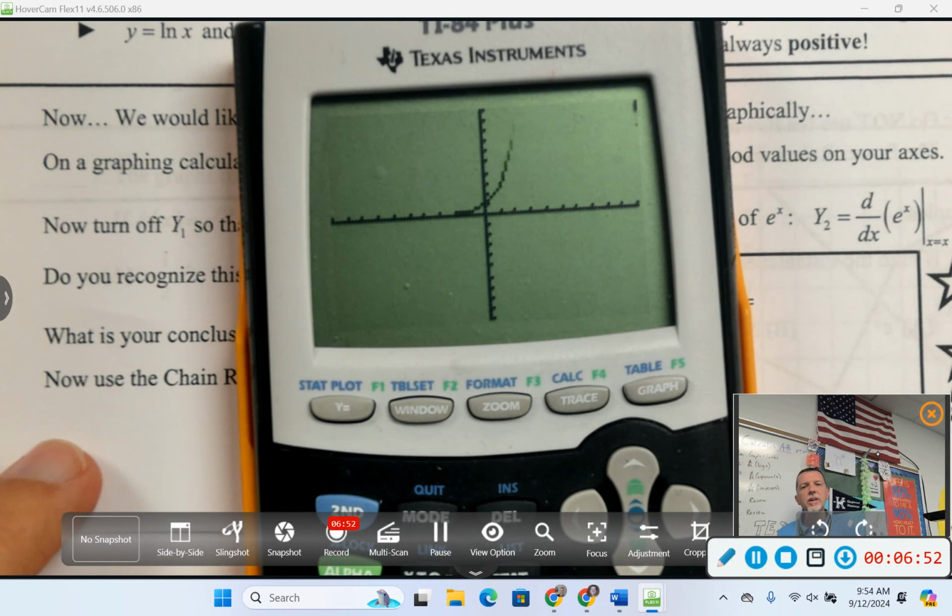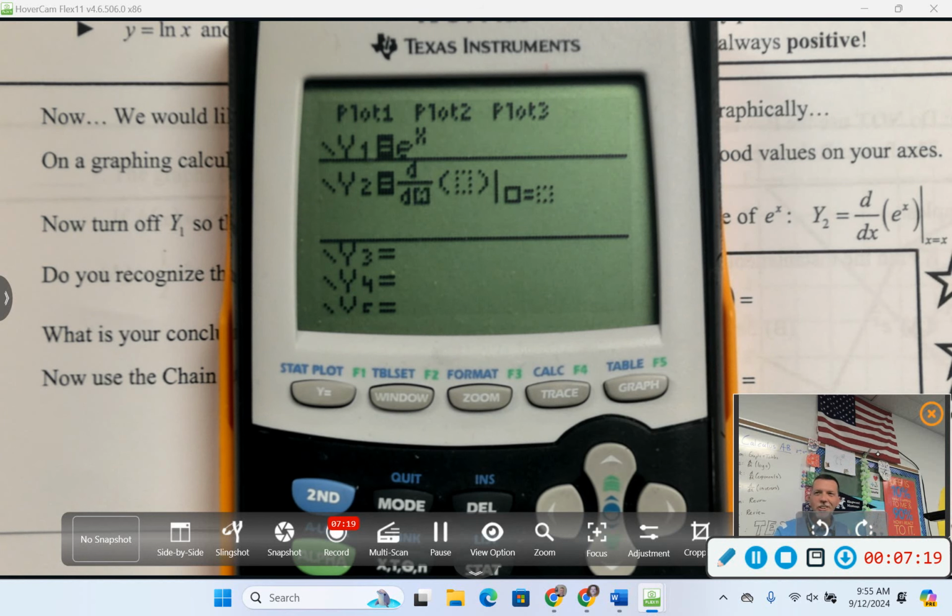Still looks pretty steep. Now your calculator can do derivatives. This is kind of cool. Take a derivative. Whoops, that's not what I wanted. Let's see, where is that? Math. There it is.